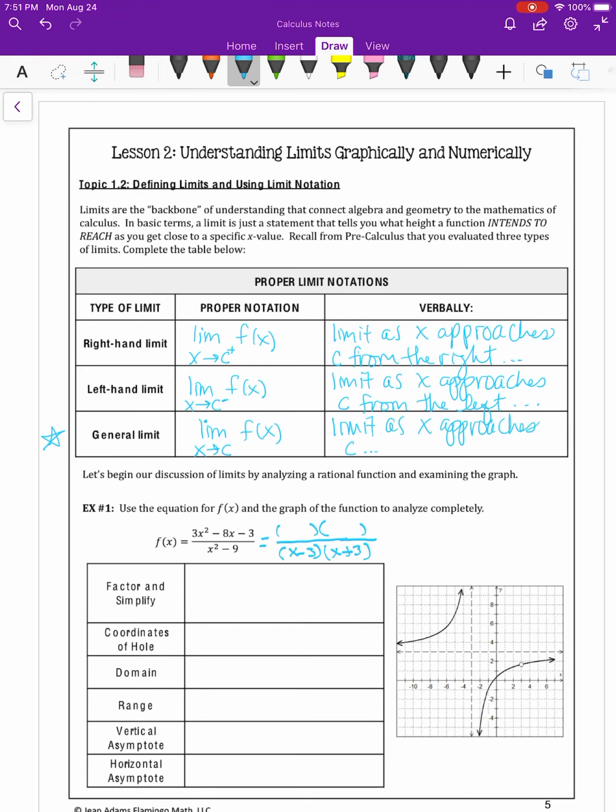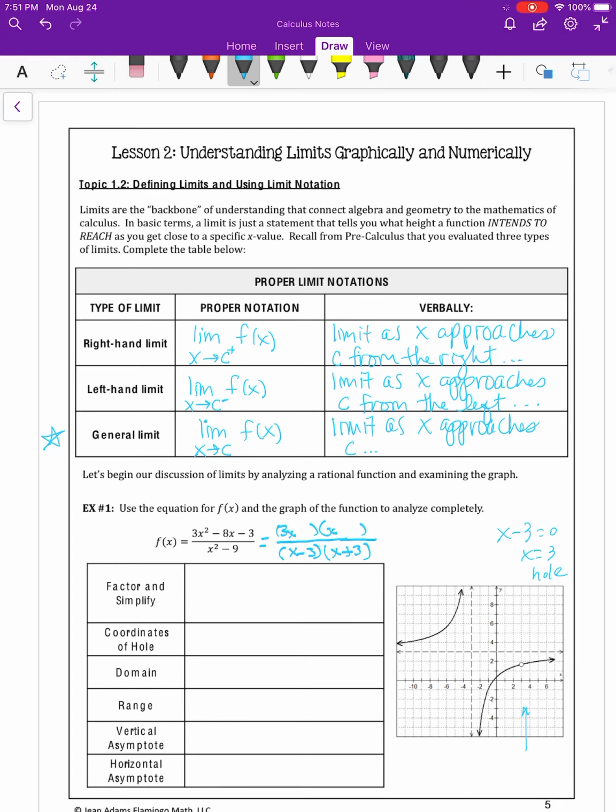And since I'm looking at the graph, do you notice that right here I bet the x minus 3 cancels? Because if x minus 3 cancels, you set that equal to 0, that means you have a hole at x equals 3. So that helps us, because we know it's 3x times x.